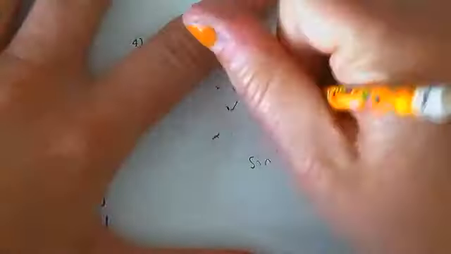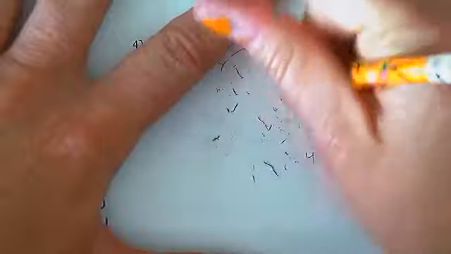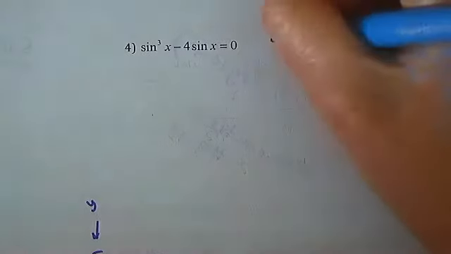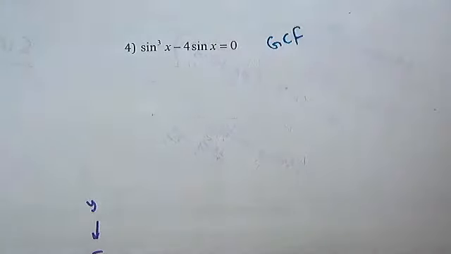So please never divide both sides by trig: sine, cosine, tan, secant, cosecant, cotan. Don't do that. Instead, we're actually going to pull one of our tricks from 5.7, 5.8, and we are going to take out a greatest common factor.